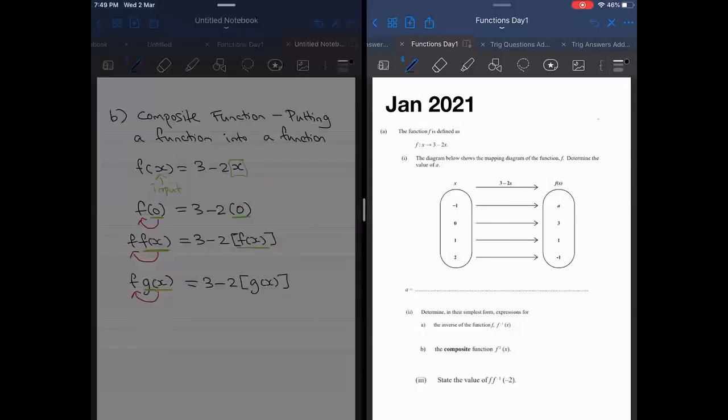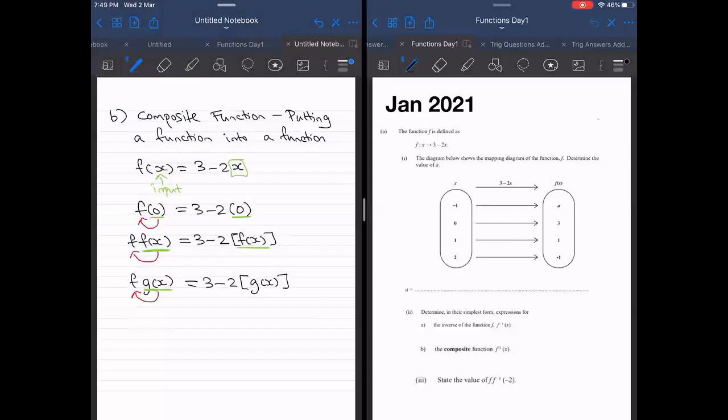But the main thing I want you to note at this point is that this f of f of x is also written as f squared of x. You don't call it squared. When you see that, they're not asking you to square the function.